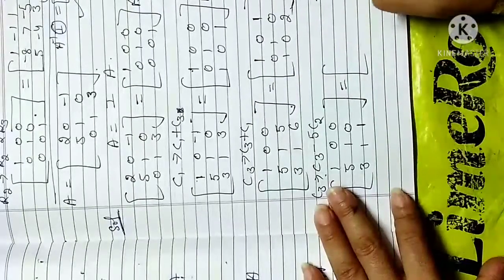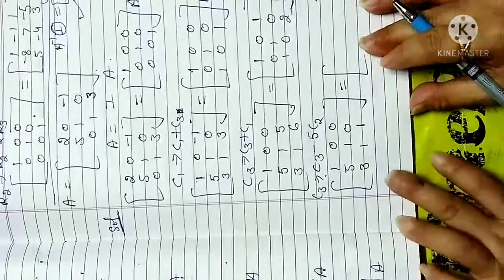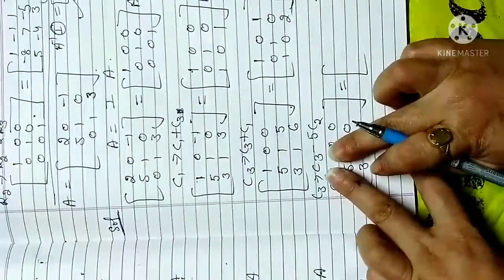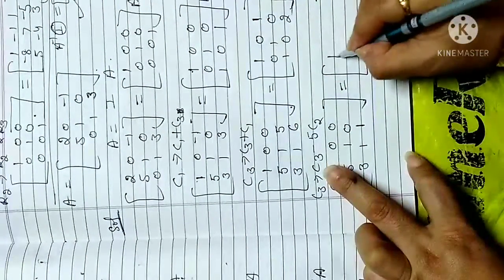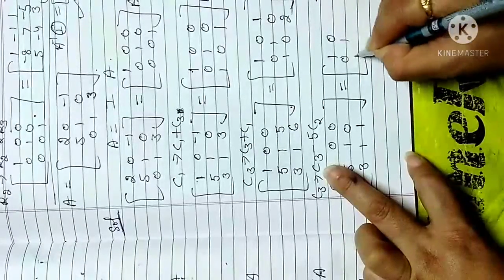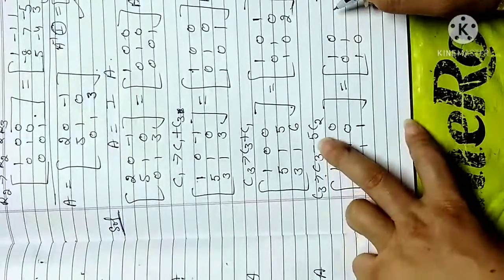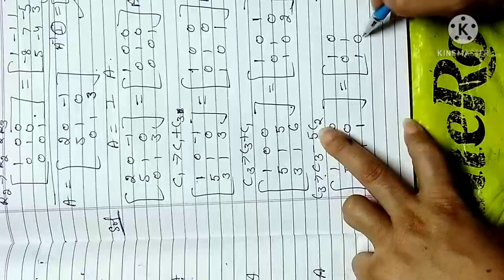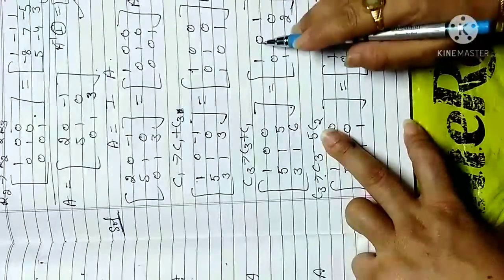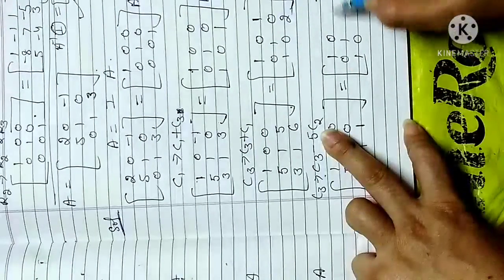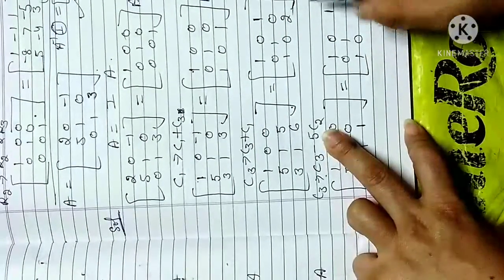Okay, so next property is 5 column 3, only changes in column 3, so no need to change it here, so write as it is other columns. So only column 3 minus 5 times column 2, so 1 minus 5 times this number, which is 0, so only 1 is there.